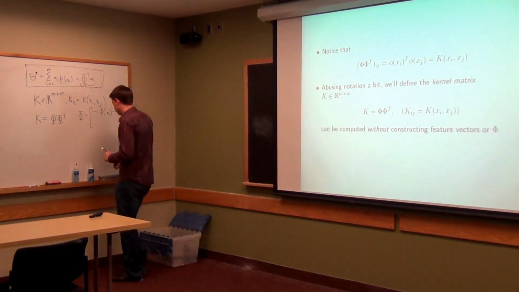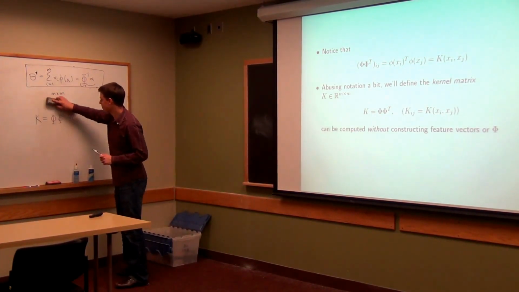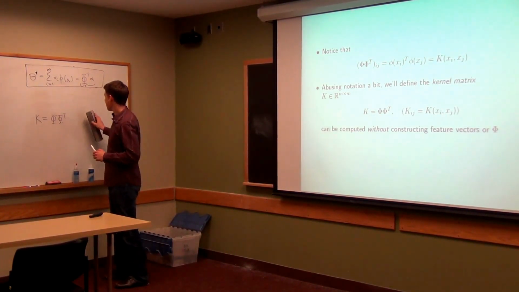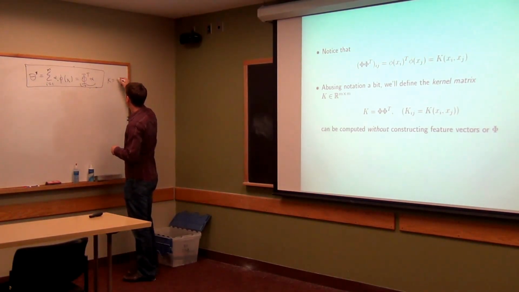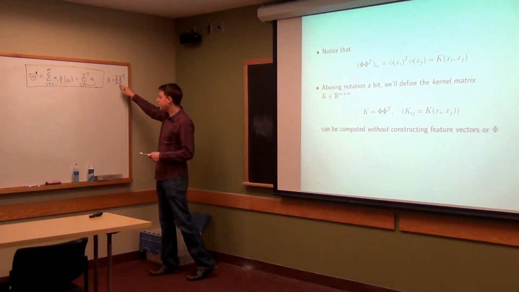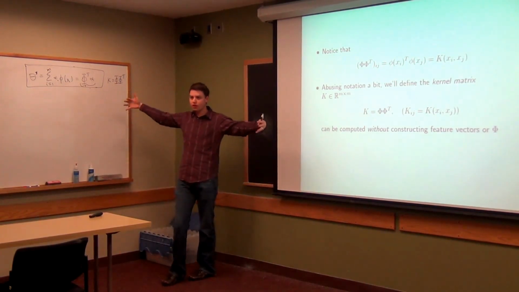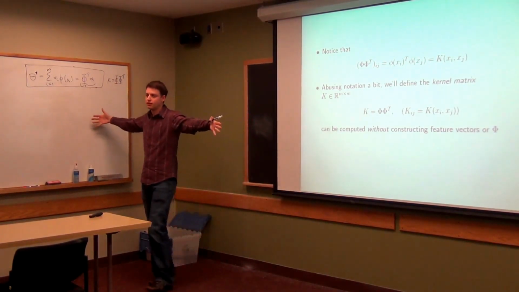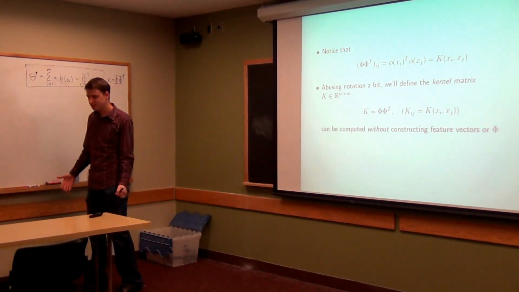All right, that's step one. It's a kernel matrix like this. Maybe I'll write this up here too. And the important part here is that even though phi is m by k, potentially really a lot of columns in phi, that's the number of features that we have, and again, that could be infinite.